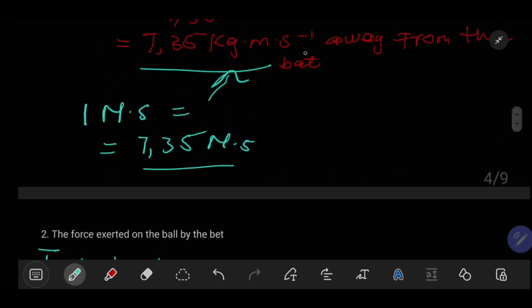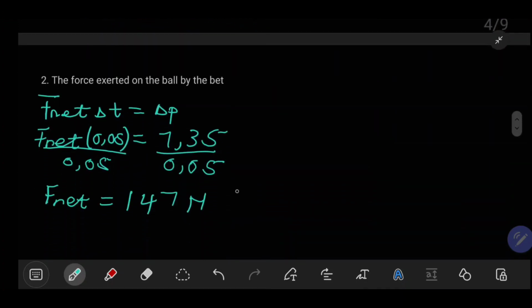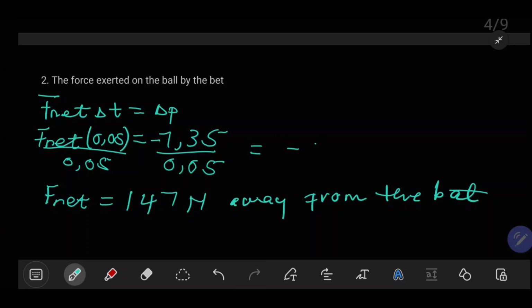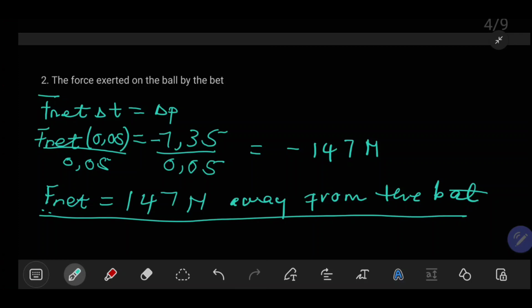The direction here was away from the bat, so even here the direction is still the same, still away from the bat, because the answer that we got was negative. So when we simplify it, put the units and the direction, this was our final answer.